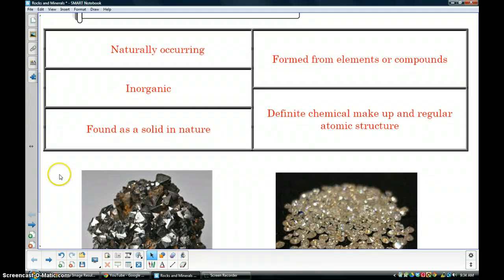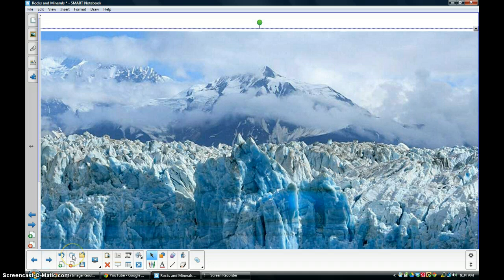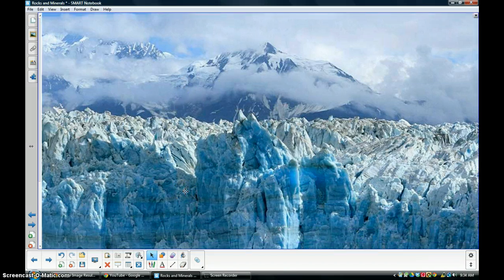So if we look at something like ice or water, is that a mineral? Well, let's see whether it fits those characteristics. Is it naturally occurring? Yes, we found it naturally in nature. It wasn't made in a lab. Is it a solid? Yes, when we have a glacier here, it's a solid. Does it have a regular arrangement of the atoms? Which it does.